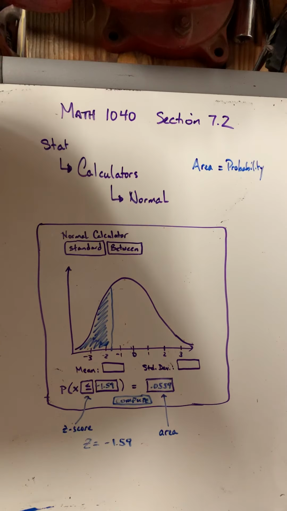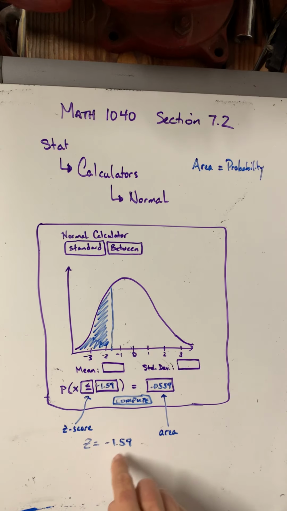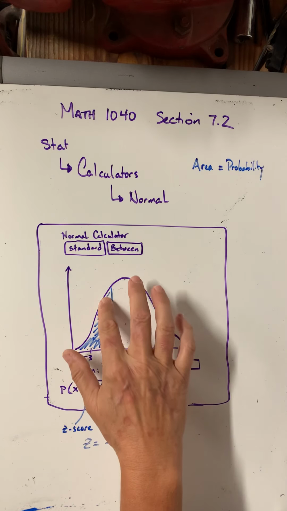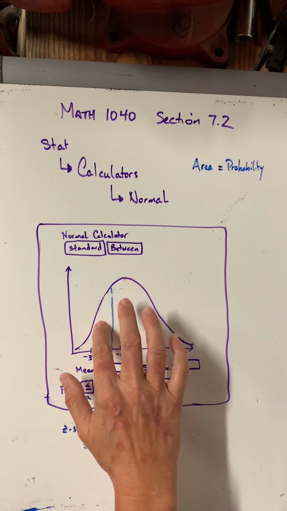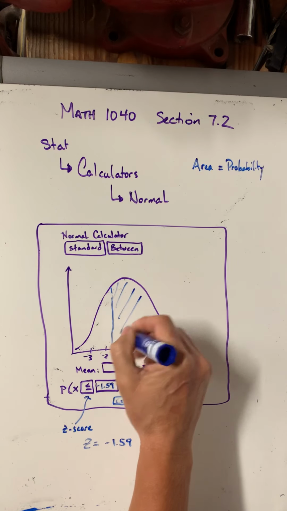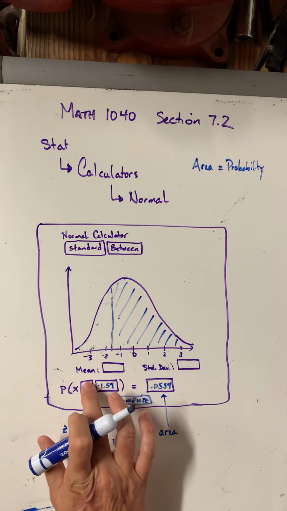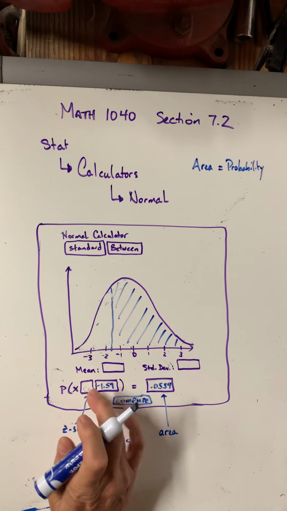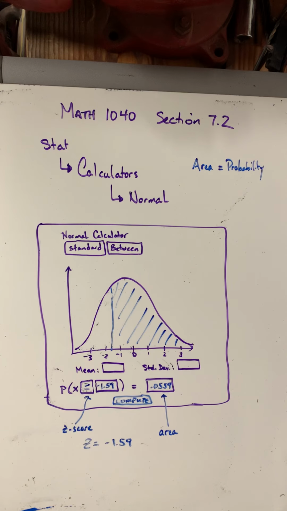Question 2, the only difference is that they want the area that lies to the right. They may have the same z-score or not, but they want the right side shaded. To make the red become the right side, you change the direction of this inequality. This bounces the red left or right.